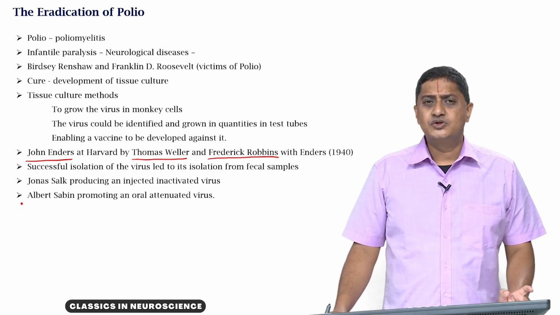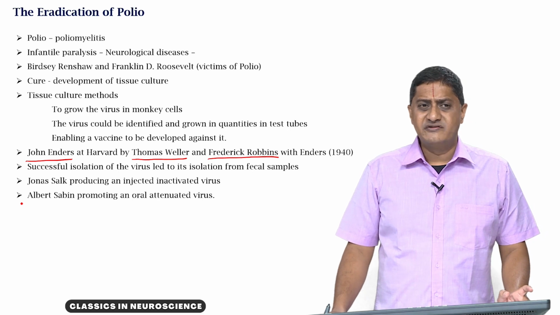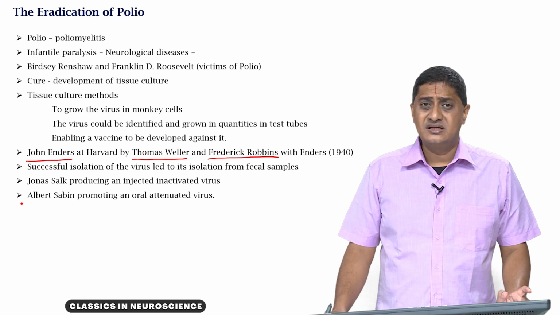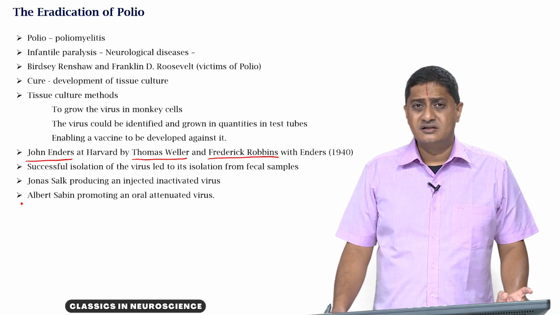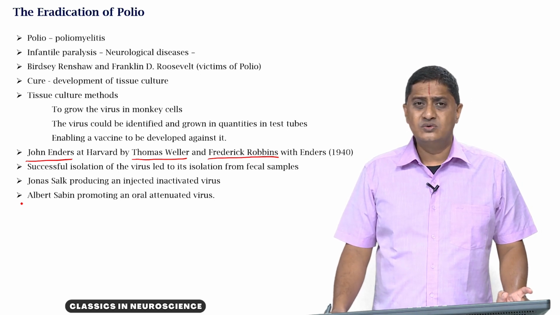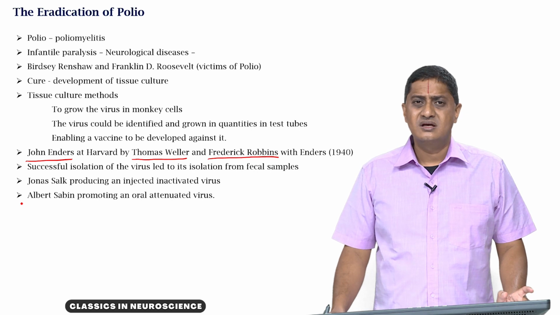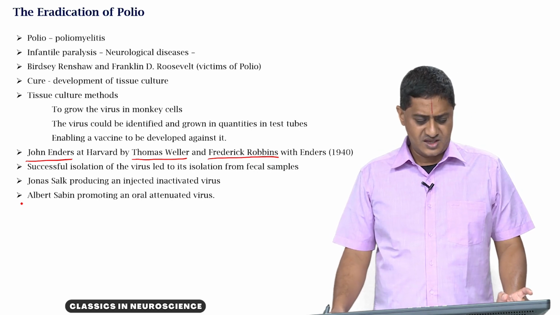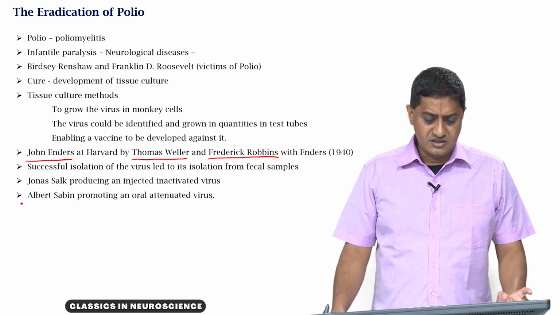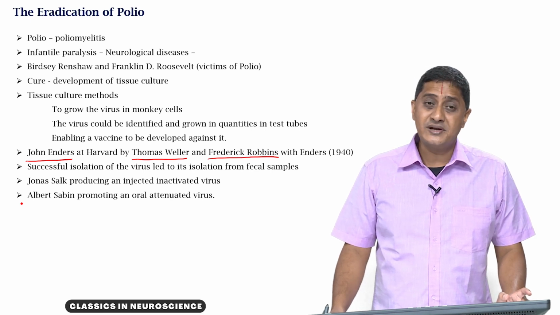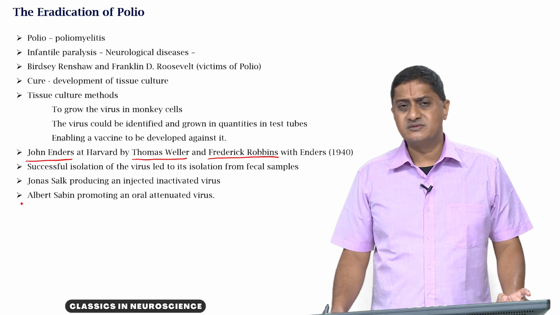Later, Jonas Salk developed an injectable inactivated virus that would lead to an increase in antibodies that were sensitive to this virus, essentially acting as a vaccine. Albert Sabin also developed an oral attenuated virus that also had similar effects.